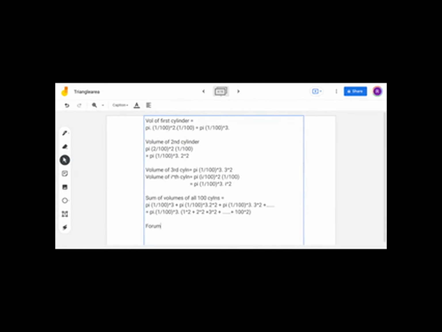So you already know the formula for 1 plus 2 plus 3 till n, right? 1 plus 2 plus 3 till n is n into n plus 1 divided by 2.